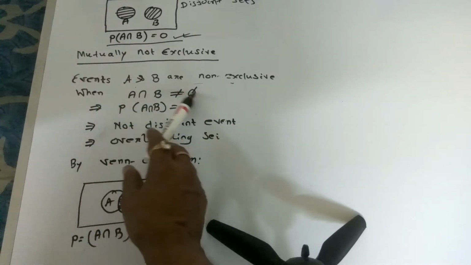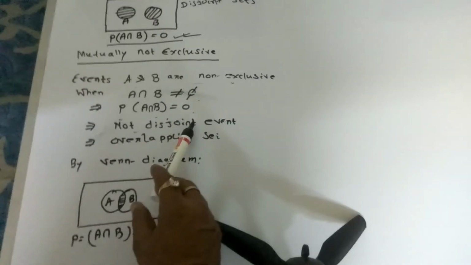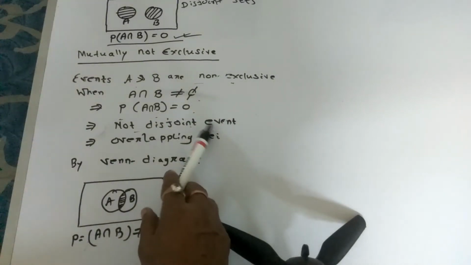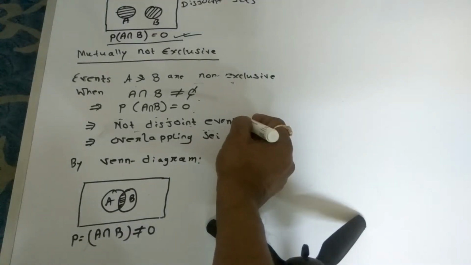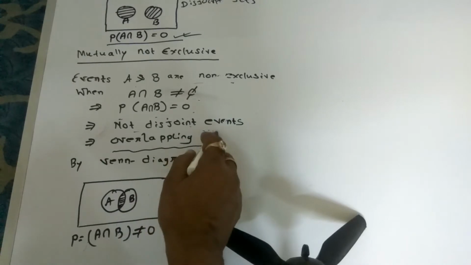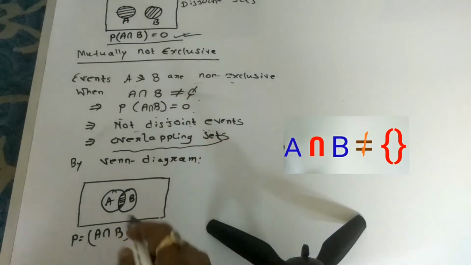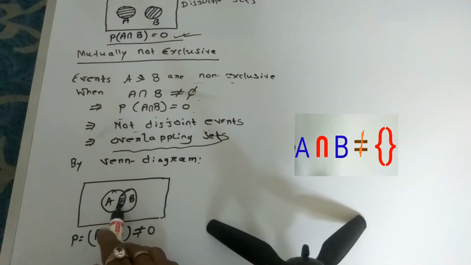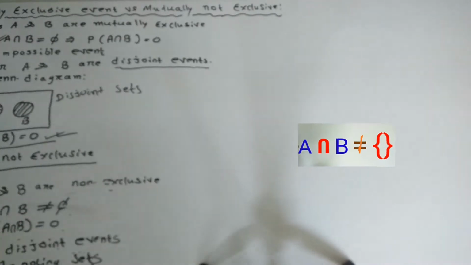That means the probability of the intersection is not equal to 0. They are not disjoint events, they are overlapping. Keep in your mind, it is overlapping, and by Venn diagram you must keep that in mind.